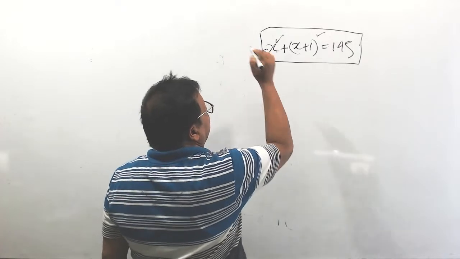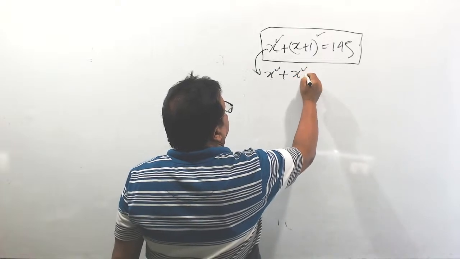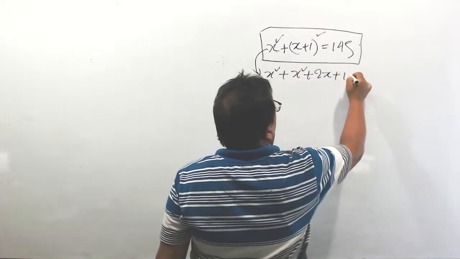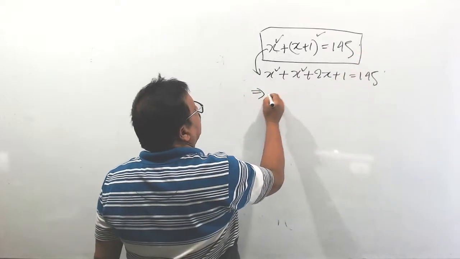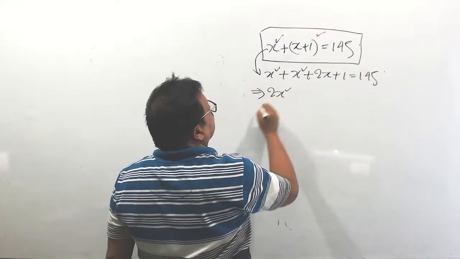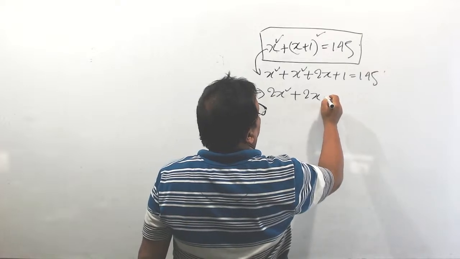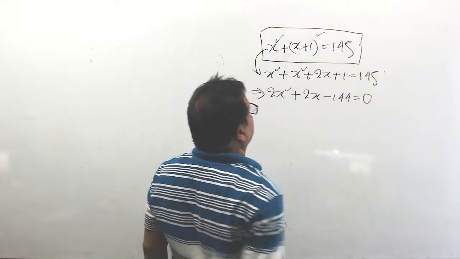How will you simplify? x square plus (x plus 1) whole square, x square plus 2x plus 1 is equal to 145, right? This implies 2x square plus 2x minus 144. Understood?